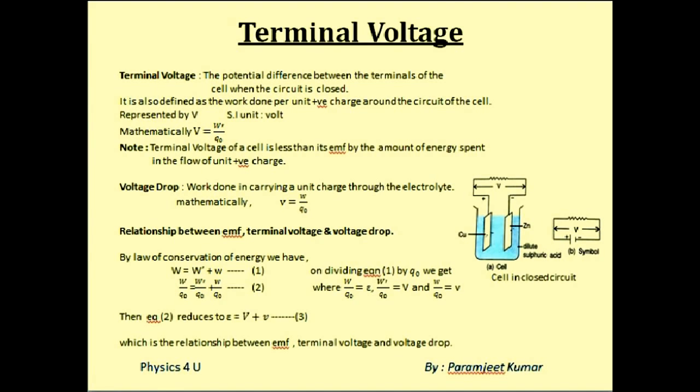Now we know that W by Q naught equals epsilon, W dash by Q naught equals V, and W by Q naught is equal to v, that is voltage drop. Then equation 2 reduces to epsilon equals V plus v, that is the sum of terminal voltage and voltage drop. This is the required relationship between EMF, terminal voltage and voltage drop.